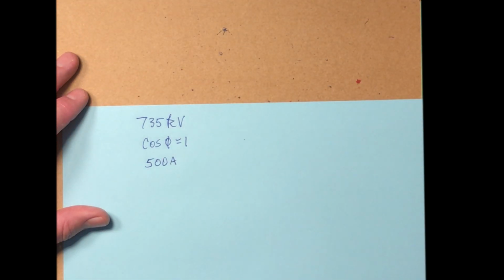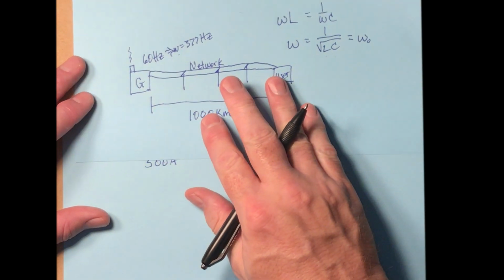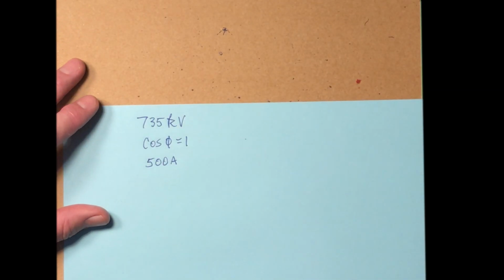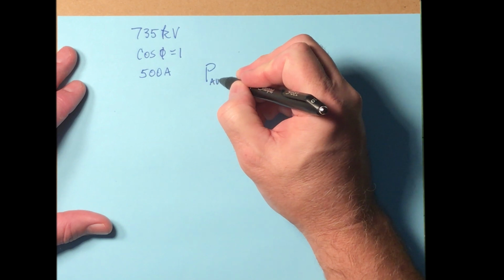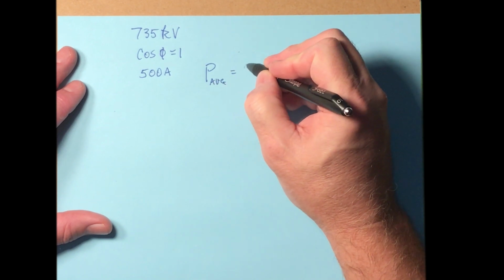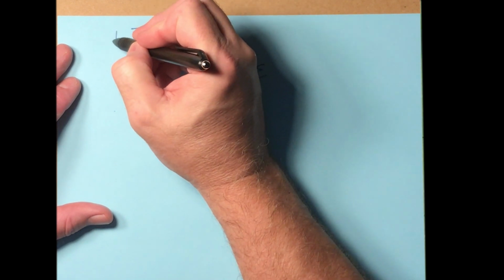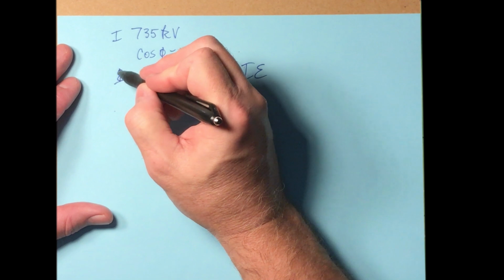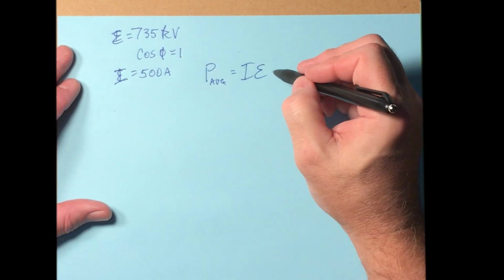Okay, then the average power that's going to be delivered by the company. In other words, the generator over here is going to generate a power P that has an average of I times E. Well, this is I, this is E, I did that completely backwards. You get the idea. So what have we got?